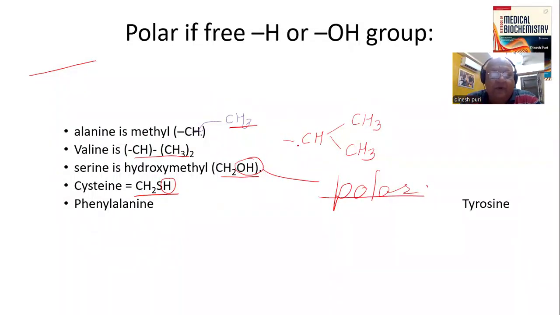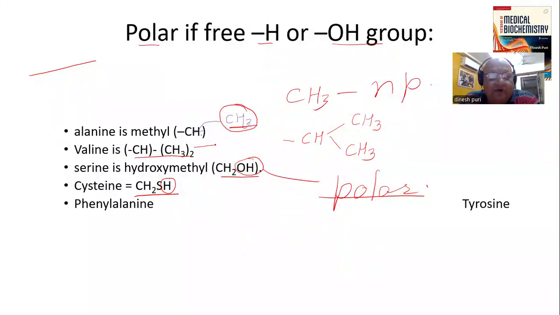Any R group is called polar if it has a free H or free OH group. Have a look at alanine. There is no free H or OH group. It is CH3, so it is a non-polar amino acid.